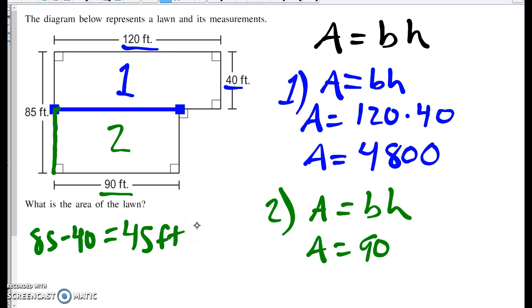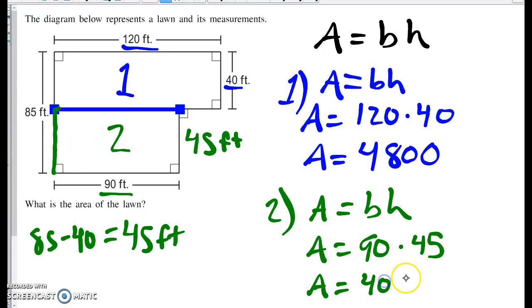Now we know that the height is 45 feet, and we can plug that back into the formula and get 90 times 45, which, and I don't have a calculator up, but I believe is 4,050.